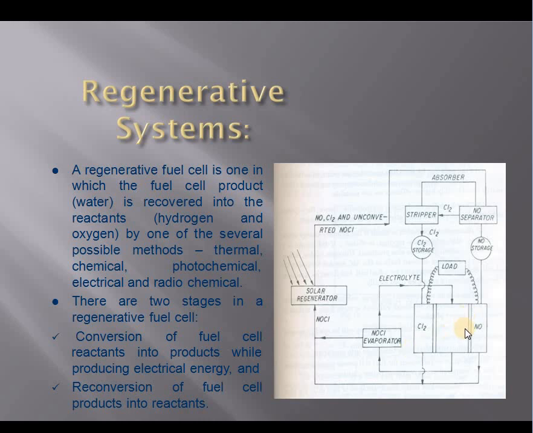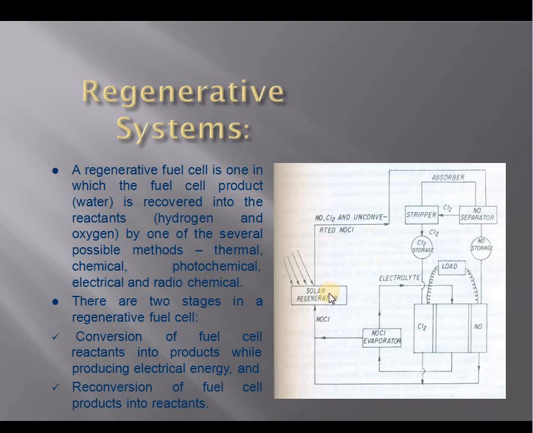here we are using a solar regenerative fuel cell. This example is for a nitric oxide and chlorine fuel cell where the electrolyte is being used. Once the electrolyte has utilized the chlorine and nitric oxide, it goes to the NaCl evaporator, where the NaCl is again reconverted. The chlorine and chloride react, forming electrical energy.